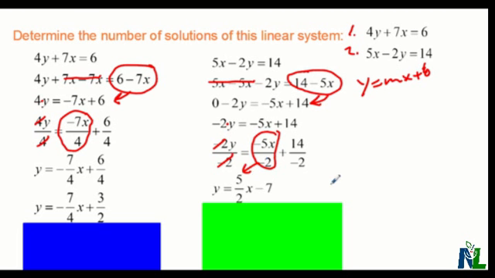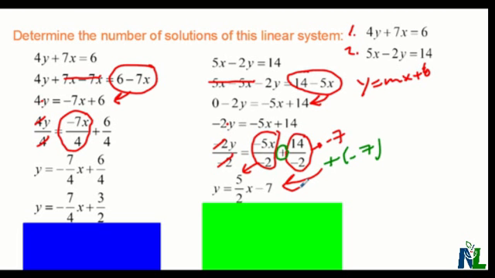In other words, a negative divided by a negative gives me a positive. 14 divided by negative 2 is negative 7. But remember, we have a plus here. So we've got plus a negative 7. And that's minus 7. So I end up with y equals 5 over 2x minus 7.